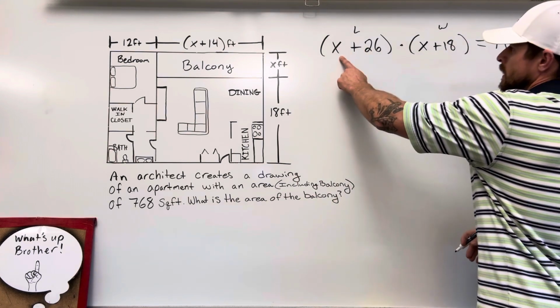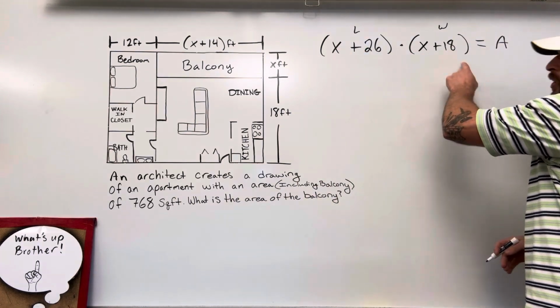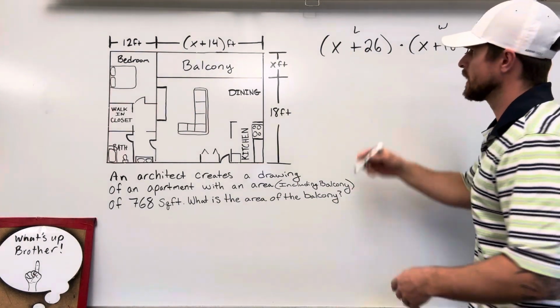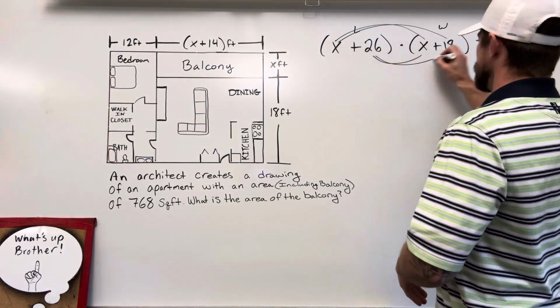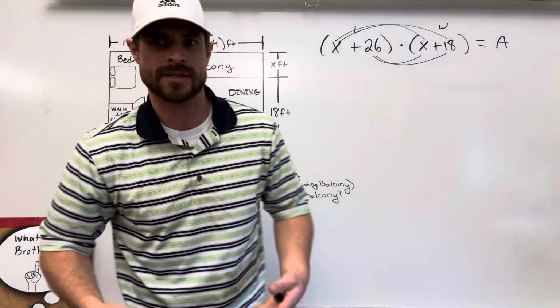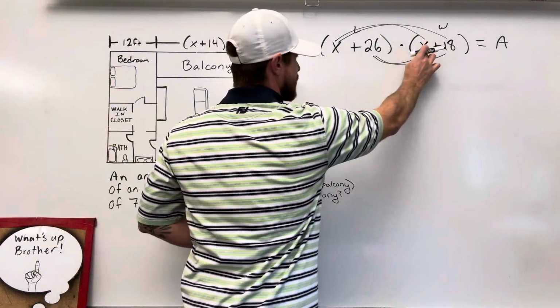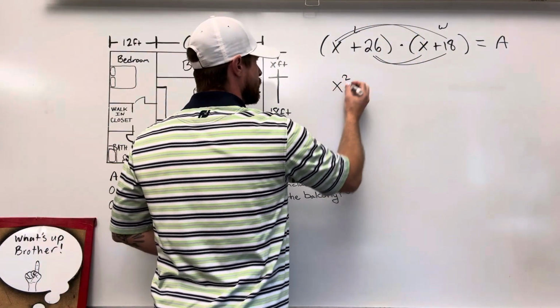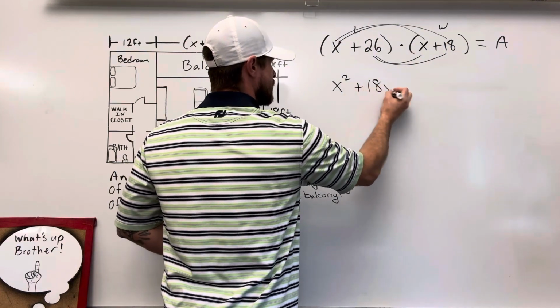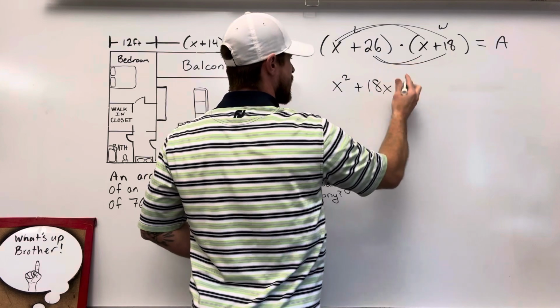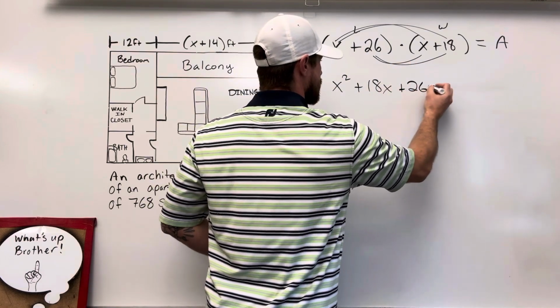Now, multiplying a binomial times another binomial, there are a lot of different ways to think about it. Distributive property, you can think about it as the FOIL method. Whichever way you were taught, just go ahead and multiply those out. So x times x is going to give me x squared. x times 18 is a simple 18x. 26 times x is just 26x.